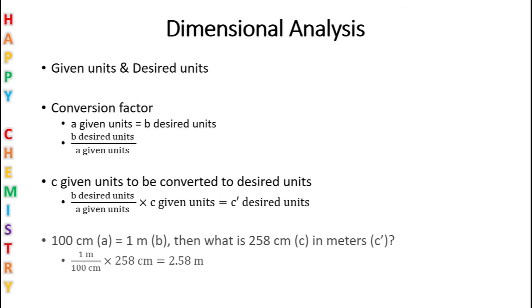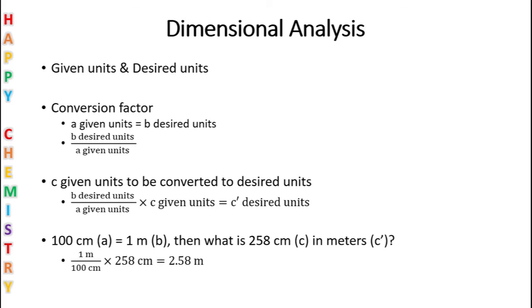For example, 100 centimeters is equal to 1 meter. Then what is 258 centimeters in meters? Centimeters is the given unit. Meters is the desired unit. Conversion factor is 1 meter divided by 100 centimeters.